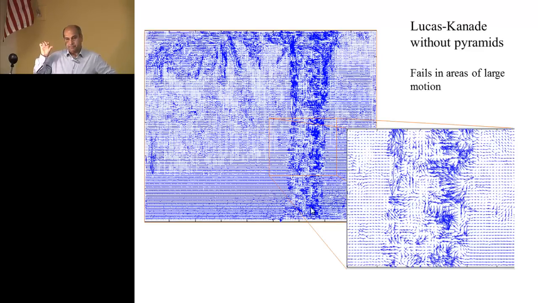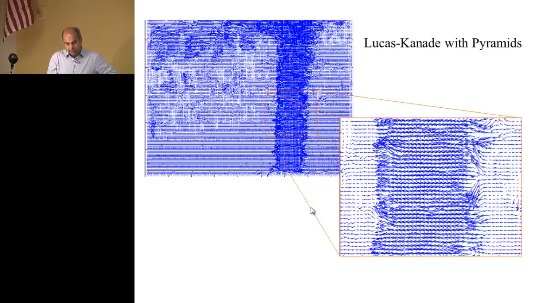The reason is because when we are computing, this whole thing depends on derivatives. We are computing derivatives with small 2 by 2 masks. But if the motion is, say, 15 pixels, the 2 by 2 mask will not be able to make a distinction between 15 pixels or 2 pixels because you're looking at a very small neighborhood.